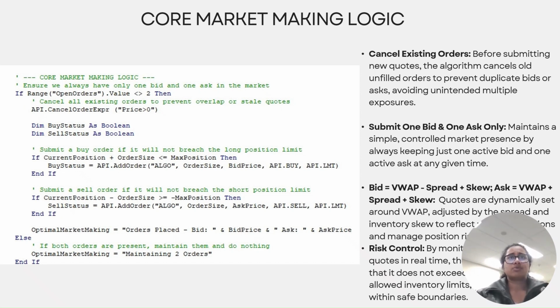The skew is really important because if you're holding too much inventory, we won't make any money off of it. Only the spreads and rebates make us money. We want to make sure that we're not holding on to that inventory because our price needs to be delta neutral. Then we have risk controls where we monitor and adjust quotes in real time so that it does not exceed our maximum inventory limit.